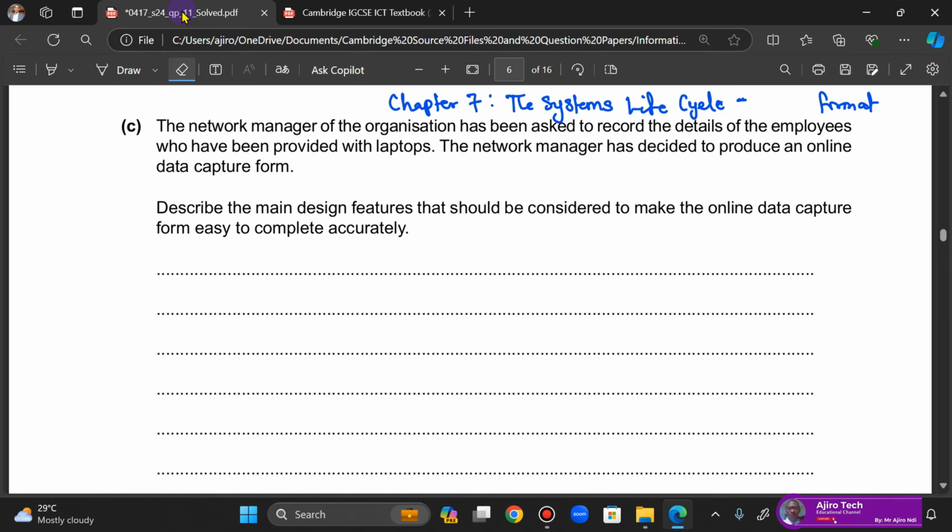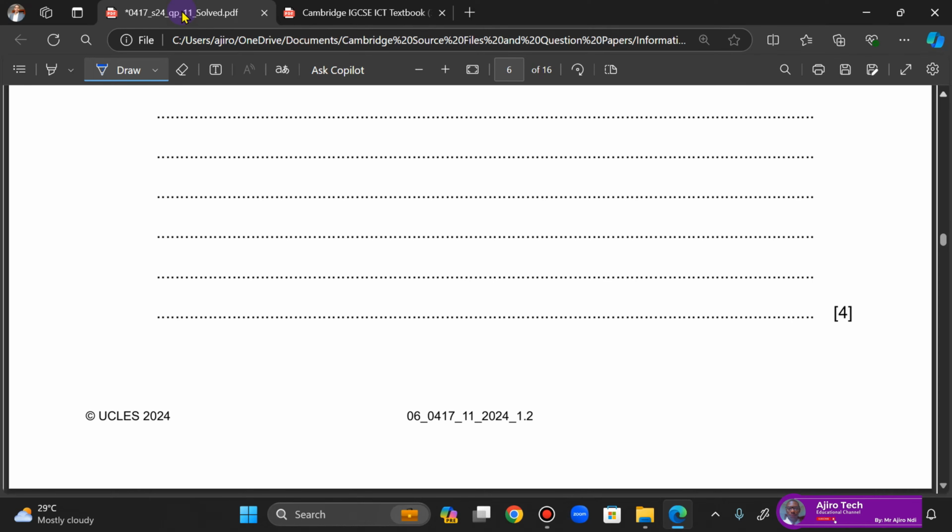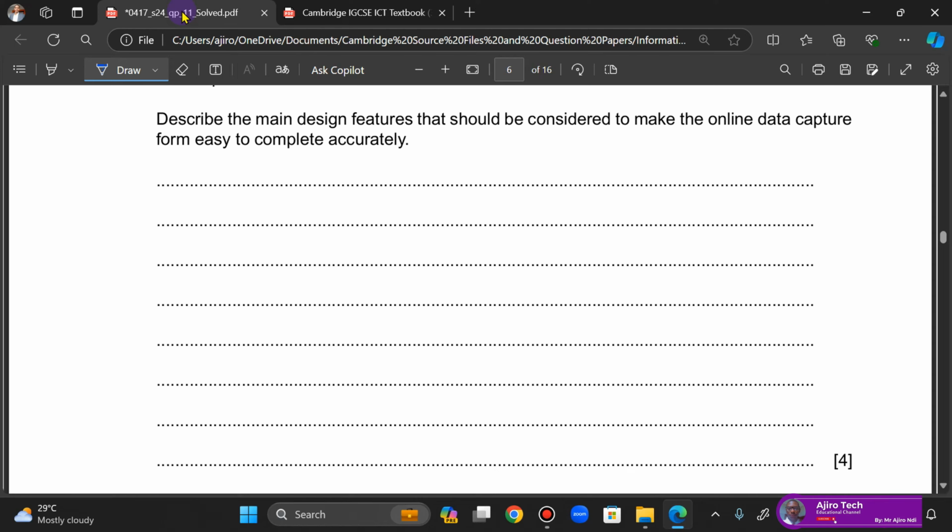So I'll just put data capture form, the electronic one. So let's look at it. How many marks is this? 4 marks. So let's start with the first one, which is navigation buttons, which are your control buttons.